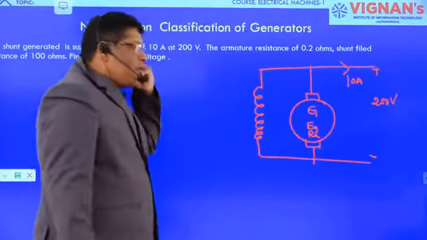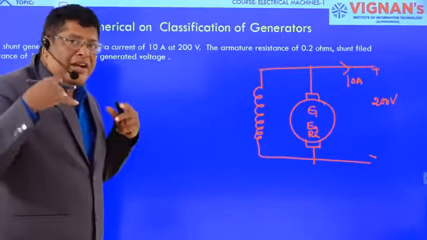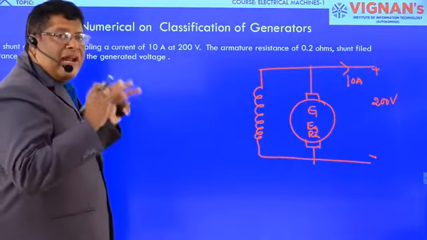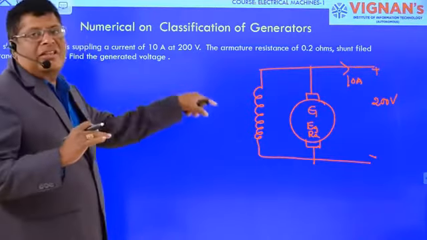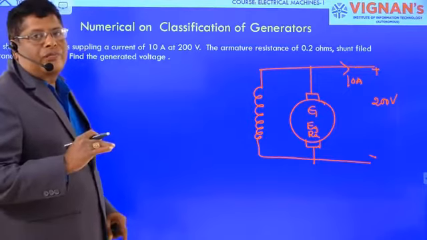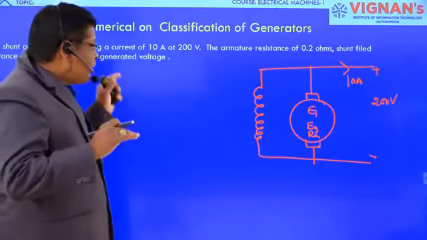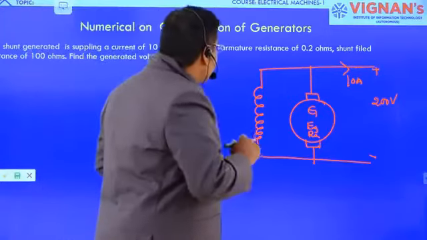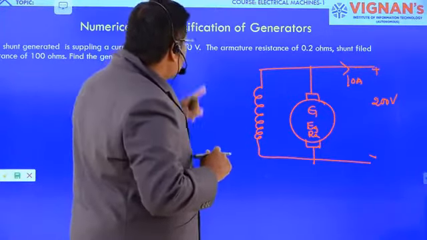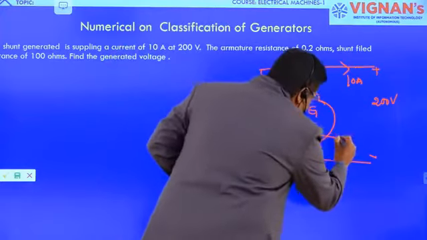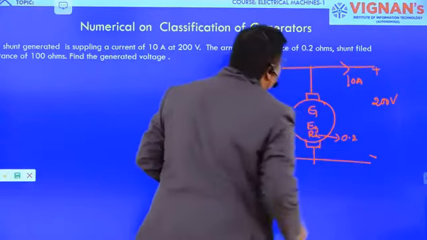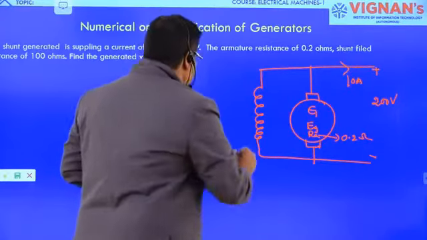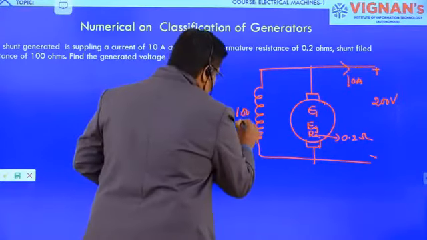In this type of problem, if you are able to draw the circuit diagram, draw it and insert the values which are given in the problem in the circuit. Whatever data is given in the problem, try to insert in the circuit diagram. Now 10 amperes at 200 volts. The armature resistance is 0.2 ohms and shunt field resistance is 100 ohms.